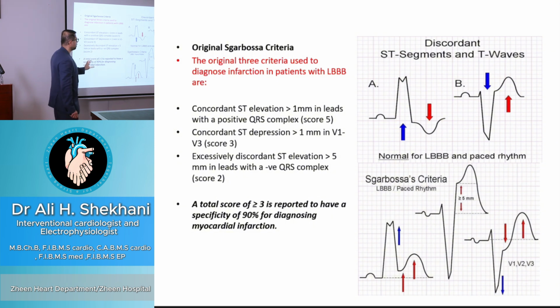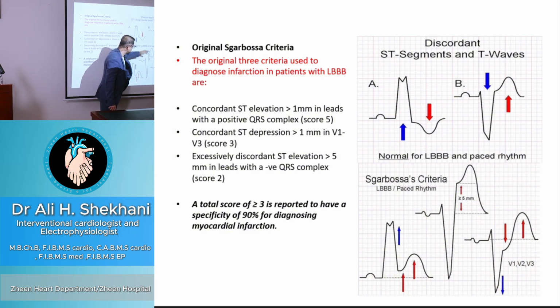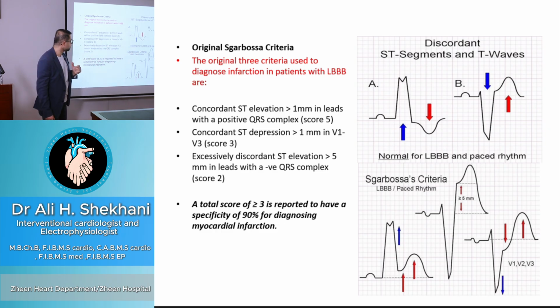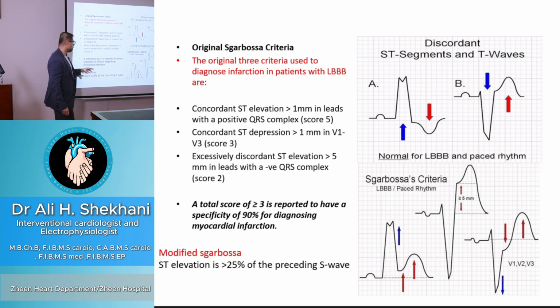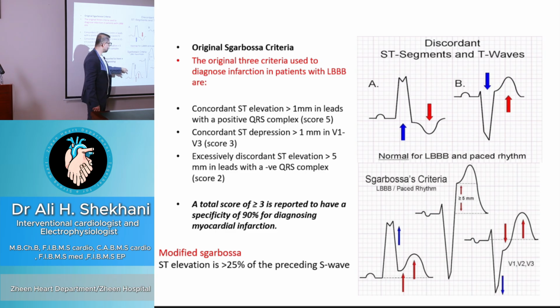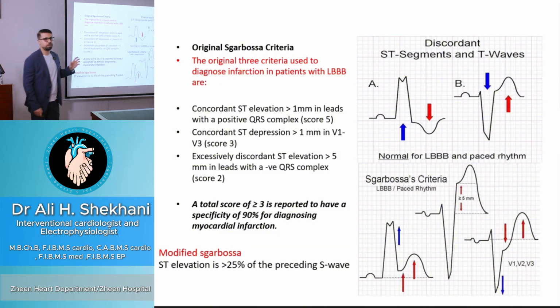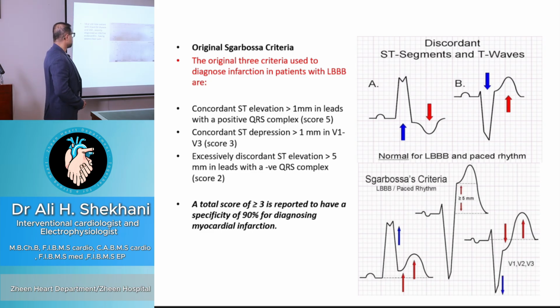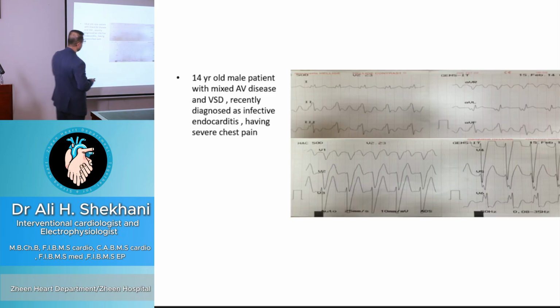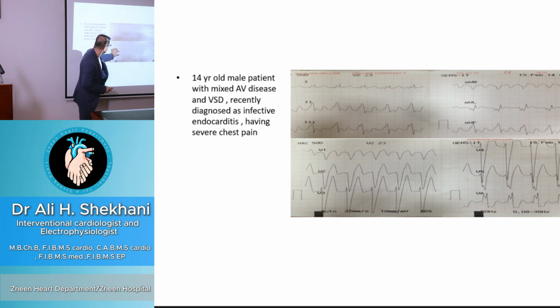And any ST elevation more than 5 millimeter is also important in a patient with left bundle branch block. And nowadays we have modified Sgarbossa criteria: ST elevation more than 25% of the previous S wave is also important, regarded as a new insult.